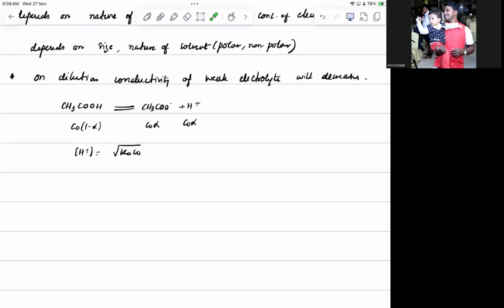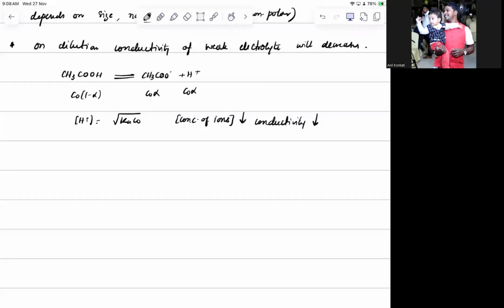So you can notice that as the C naught value decreases, the H plus value will also decrease. That means the number of ions is decreasing. If the concentration of ions decreases, conductivity will always decrease. Keep this in mind, everybody.